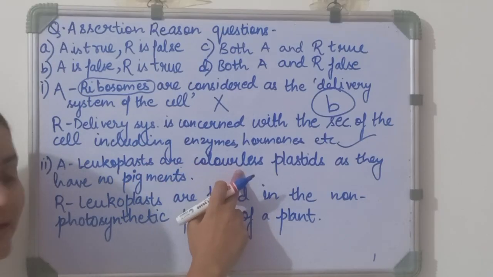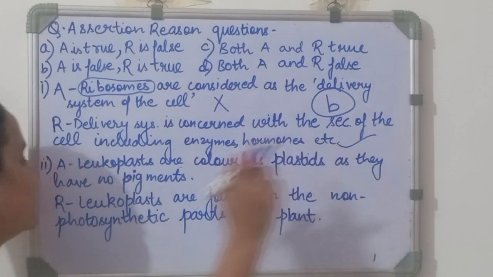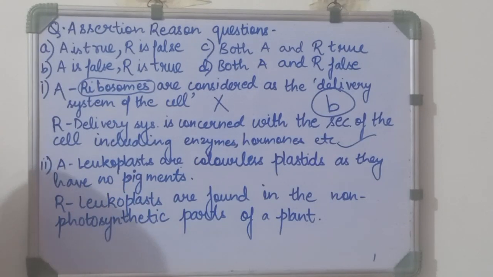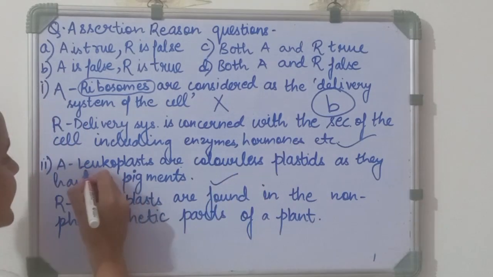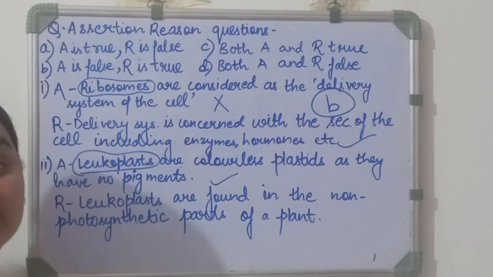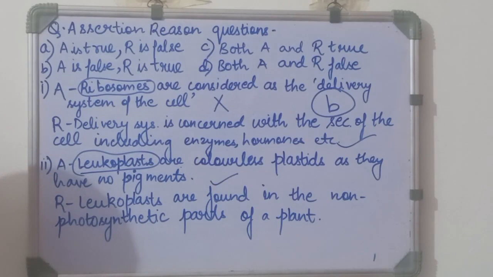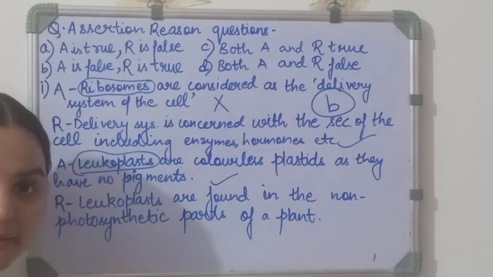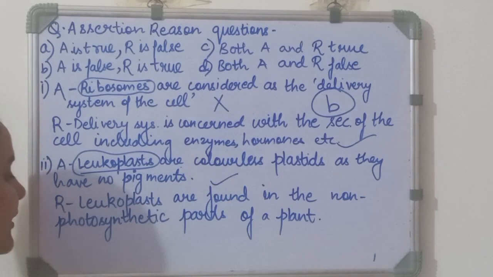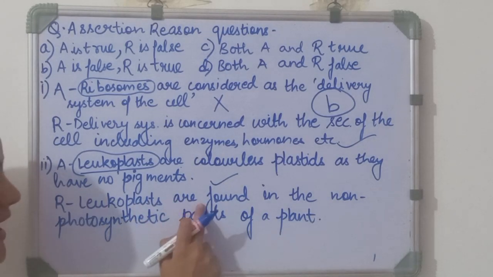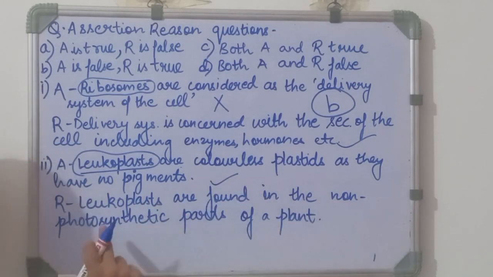Assertion: leucoplasts are colorless plastids as they have no pigments. Yes, it's correct, because leucoplasts are colorless plastids. They are colorless because they have no pigments. These pigments are only responsible for different colors, and here these pigments are absent. So it is correct. Now reason: leucoplasts are found in the non-photosynthetic parts of a cell.